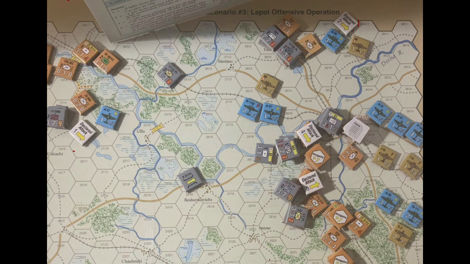So after having explained this peculiarity of the attack declaration in this game, I will talk about the following sequence of play.